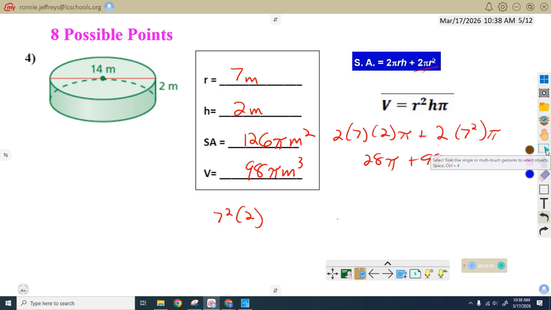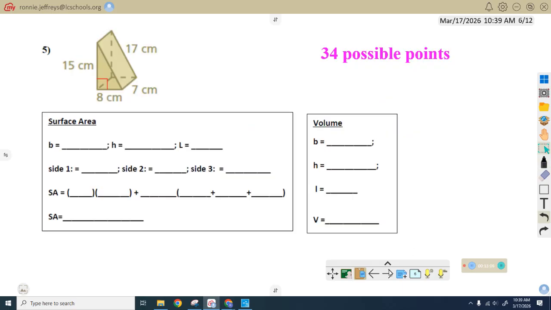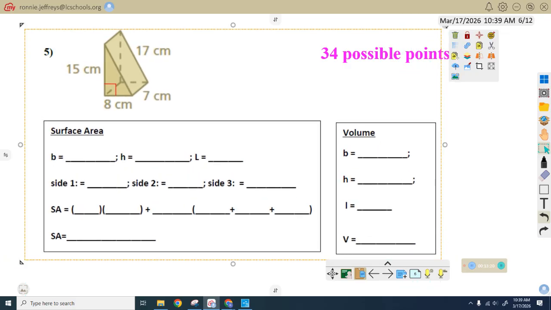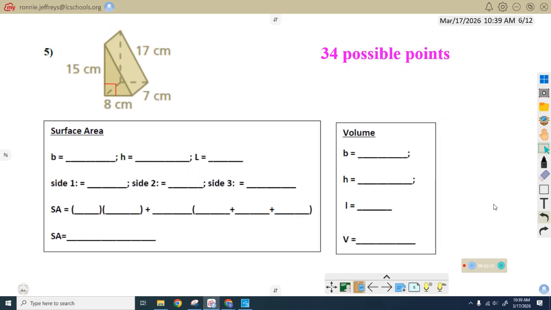You're responsible for it. Now, this problem right here, 34 possible points. All right, now, it actually goes a lot easier than what you think. If you would have done it the first time, you would agree with me.